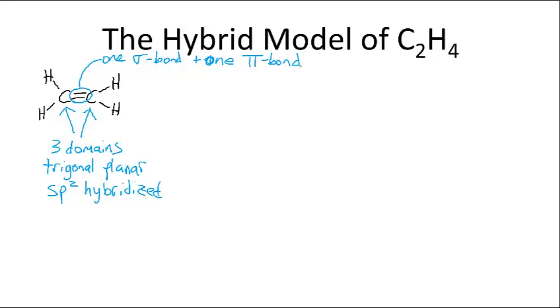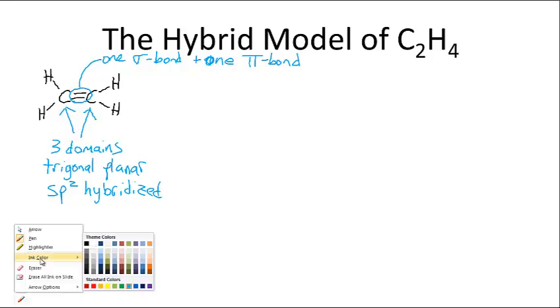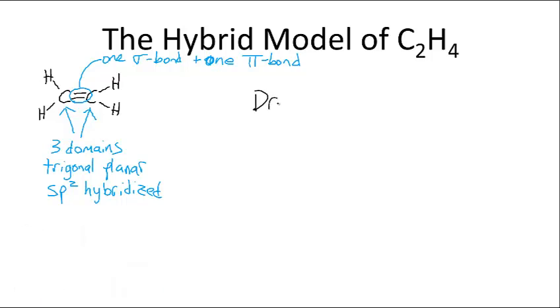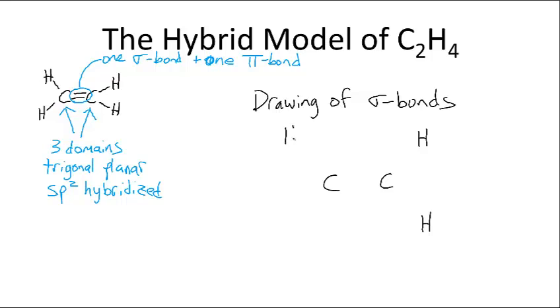All right, so first, my drawing of the sigma bonds. I have my 2 carbons, and I have my 4 hydrogens, and they're all in the same plane.